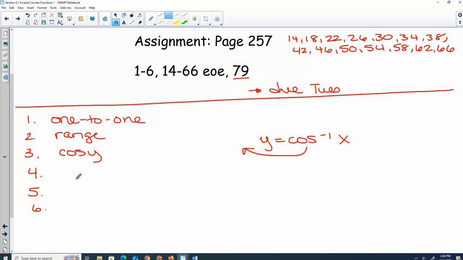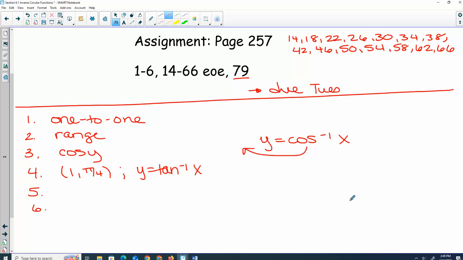Number 4, the point pi over 4, 1 lies on the graph of y equals tangent x. So therefore, what point would be on the graph of the inverse? 1, pi over 4. It's on tangent inverse, or arctangent. So inverses just flip the order of x and y.